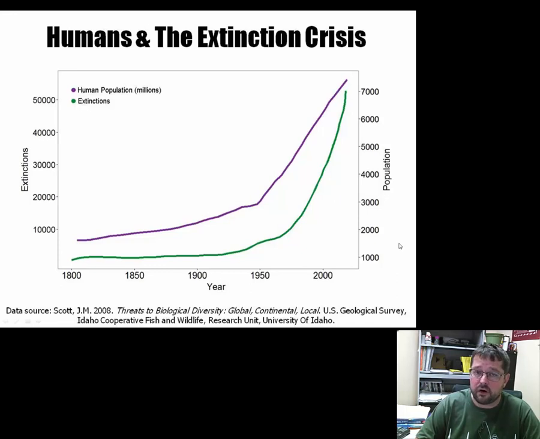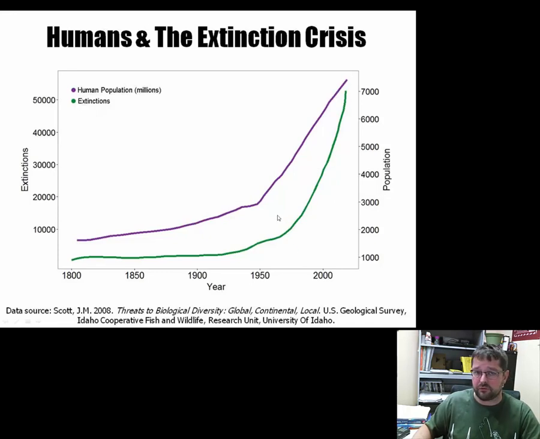It's hard to argue that as the world's human population increases, we're not having a direct effect on the extinction rate. Sure, some people might say, well, as the human population increases, we have more eyes and we know about more species. That might be true. So we're better at documenting extinctions. That's probably part of this.